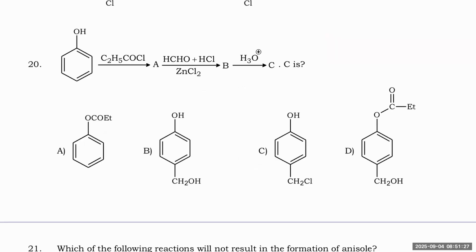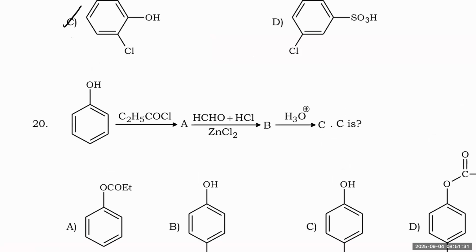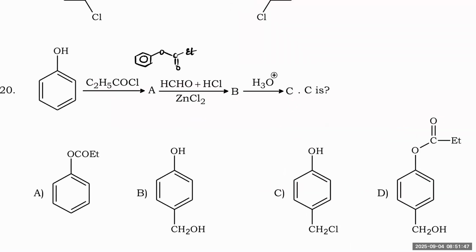See, next one. Phenol, when you react with acid chloride, first an ester formation, because any acidic group will make it into an ester form here. This is the product you will get. Then we have HCHO, HCl, ZnCl2. Now, here what do we get?